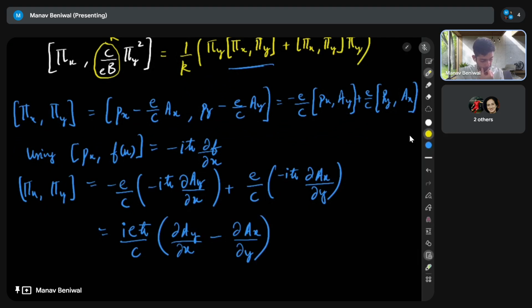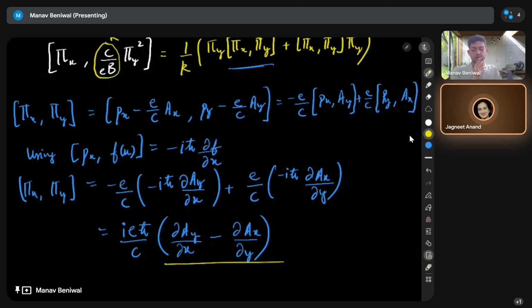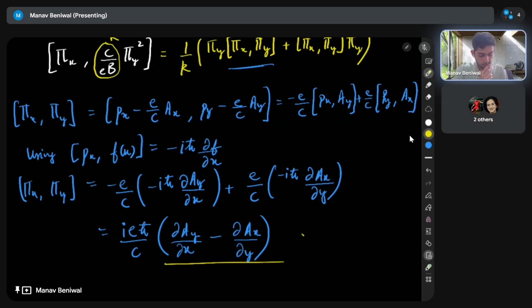Now, what is this quantity? This is the z component of the curl of A. And now what is curl of A? Curl of A is B. So then this becomes Bz or simply B, because the field is applied only in the z direction.